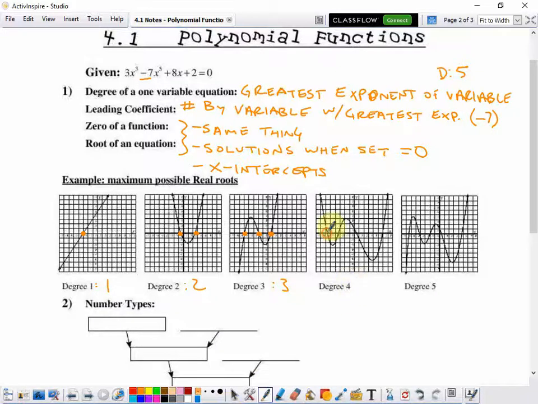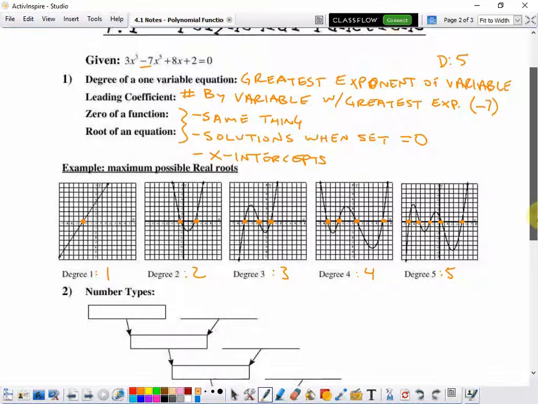A degree of 4, again, if we shifted it up or down, it might not touch 4 times, but the maximum number of times it can touch the x-axis is 4. And if the degree is 5, like it was up here in this first equation, the maximum number of times it can possibly touch the x-axis is 5. So the maximum number of real roots is 5.